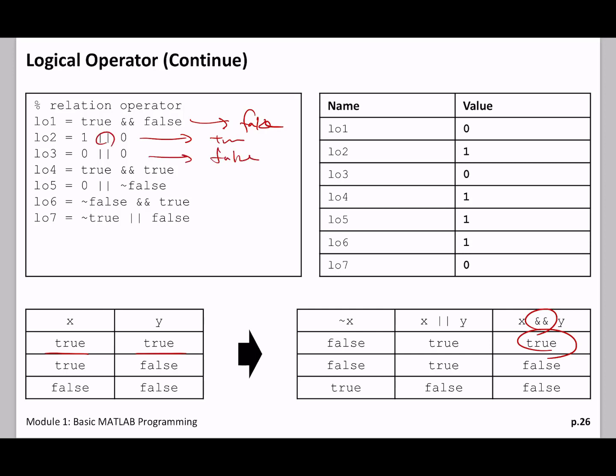Why? None of the values are true. Okay, what about this one? So, okay. 0 or not false. Not false means true, right? 0 or true means true, right?